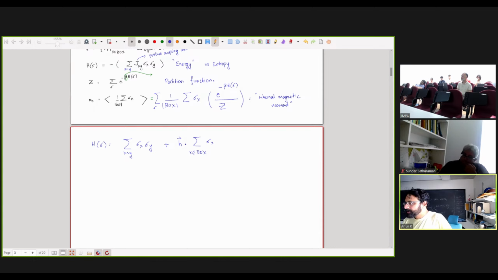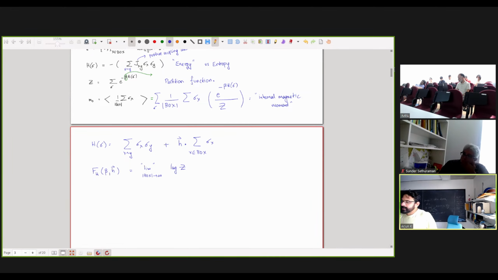And so again, Z will be defined as above, and the free energy is a function of two parameters, beta and h, and that is typically some limit as the box size goes to infinity of log Z.